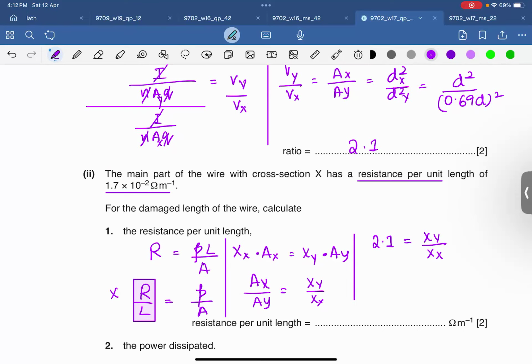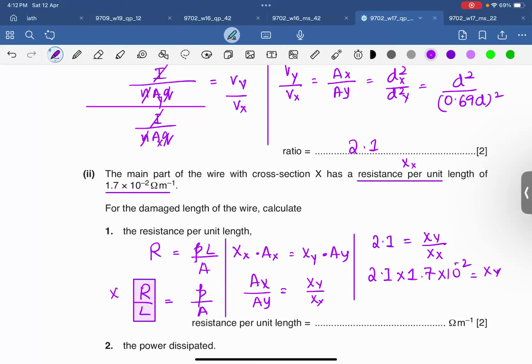So we consider the resistance per unit length of X as X of X, which is 1.7 exponent negative 2. So if you multiply 2.1 and 1.7 exponent negative 2 together, that will give me X of Y. Clear? Please calculate how much it comes to.